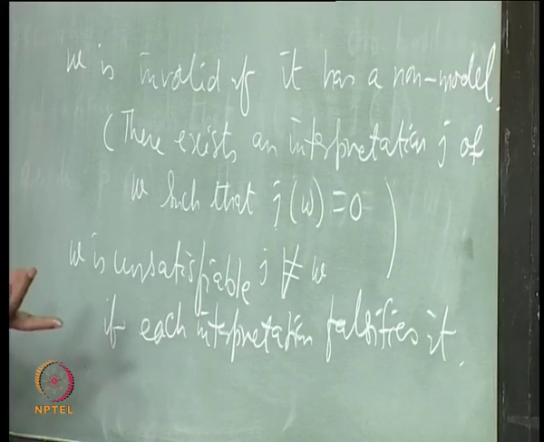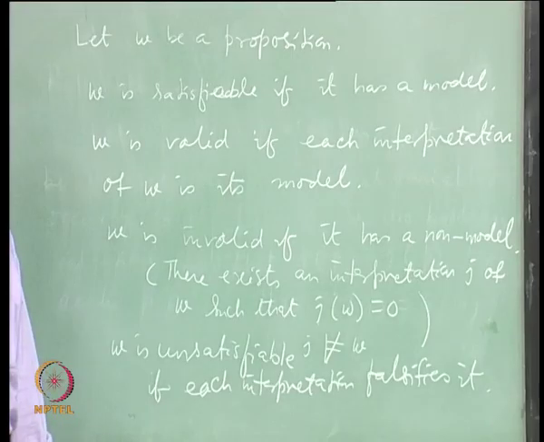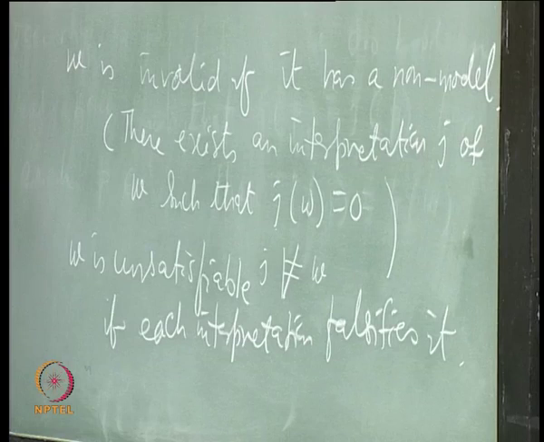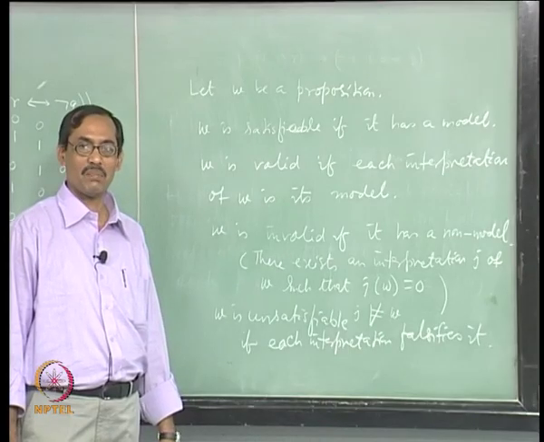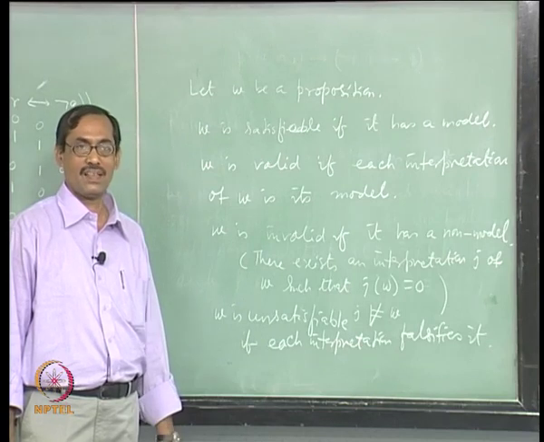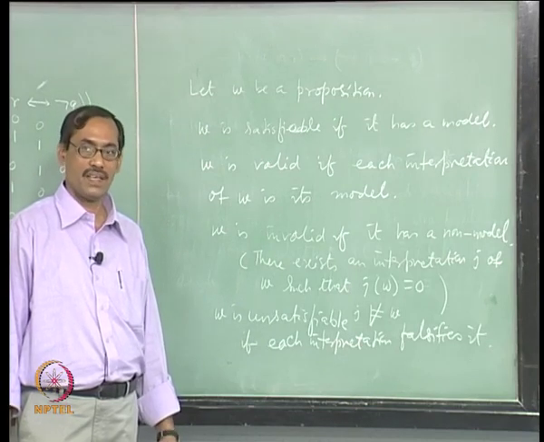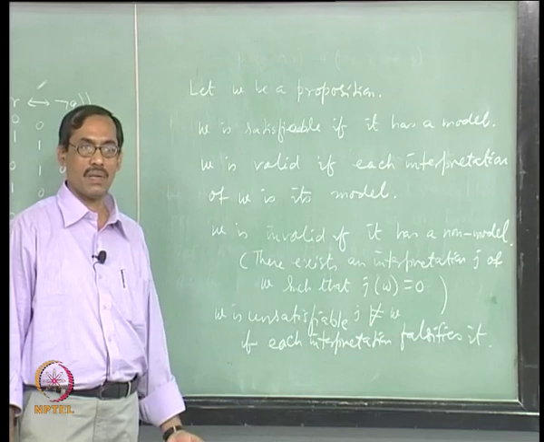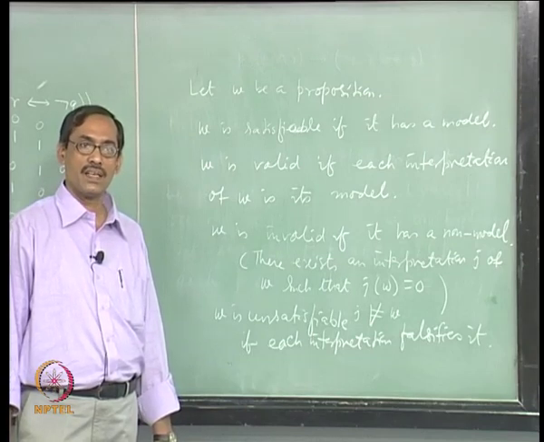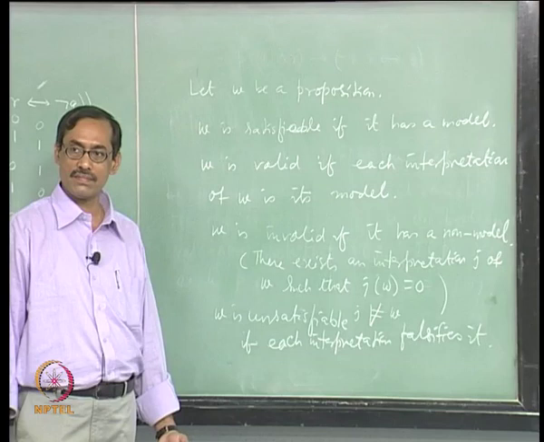But there will be some which are neither satisfiable nor valid. Can there be some propositions which are neither satisfiable nor valid? They are unsatisfiable, right. If something is not satisfiable, then it is invalid, right. So, unsatisfiability implies invalidity. For example, you take bottom, fine.